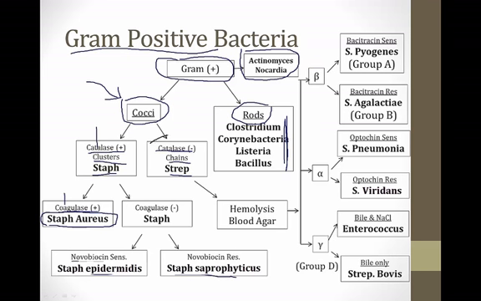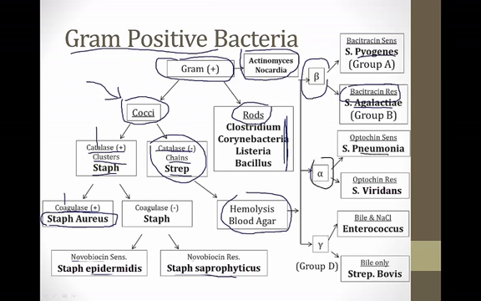Now, if you're dealing with a catalase negative cocci, you're dealing with strep, and the primary way we differentiate strep, once we know we've got strep present, is to look at how it grows on blood agar. So there are certain strep bacteria that are so-called beta hemolytic. Those are bacteria like strep pyogenes and agalactiae, and you can separate those two from each other by the bacitracin test. There are other strep that are alpha hemolytic.